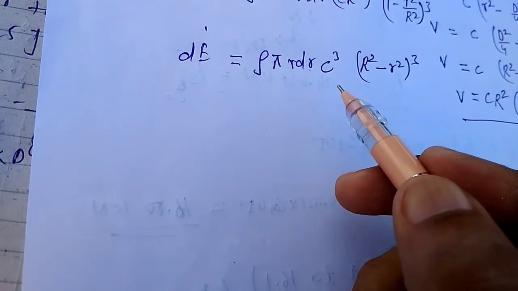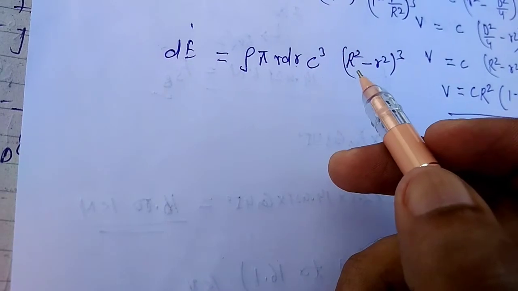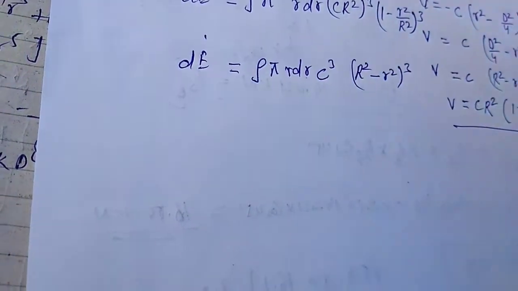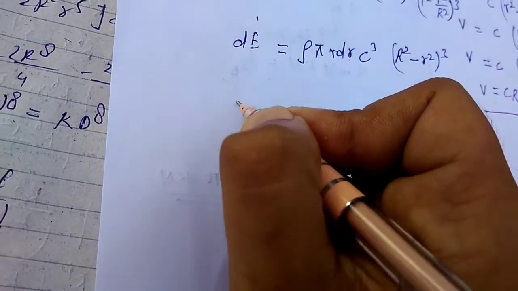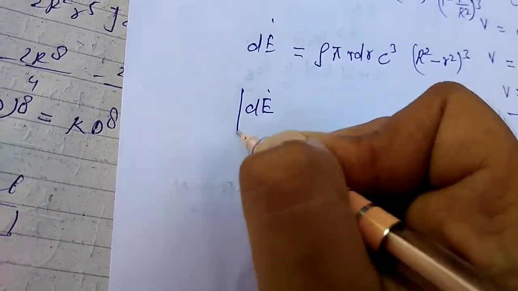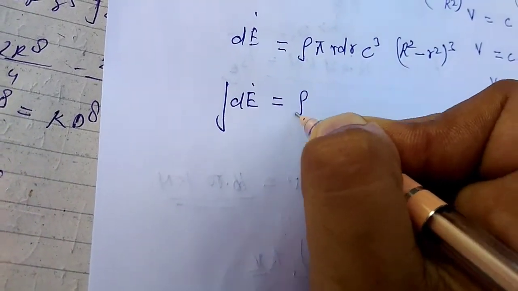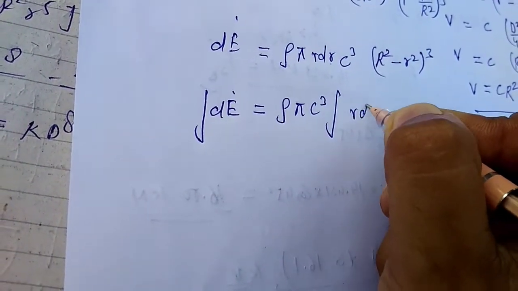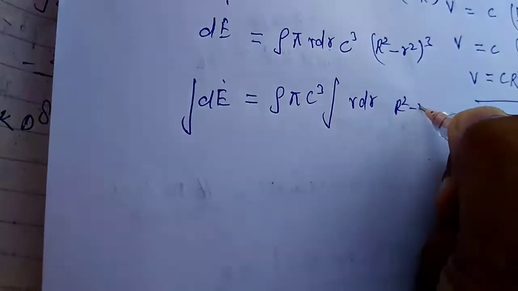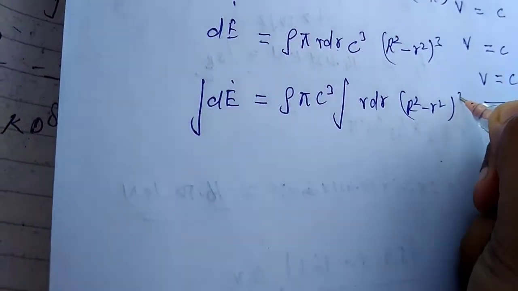Now we will find the rate of kinetic energy of the control surface AB. So integrating this equation, it will be equal to rho pi c cube integration r dr (R² minus r²) cube.